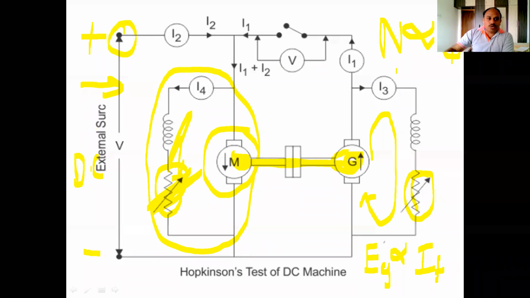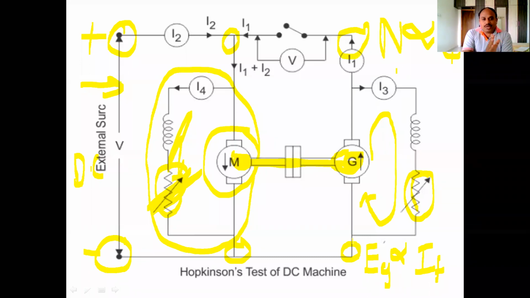So this is the source voltage. This is the motor terminals, and this is the generator terminals. So the three terminals, source terminal, motor terminal and generator terminal, are at the same voltage.